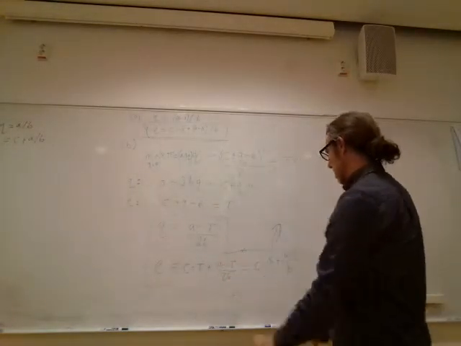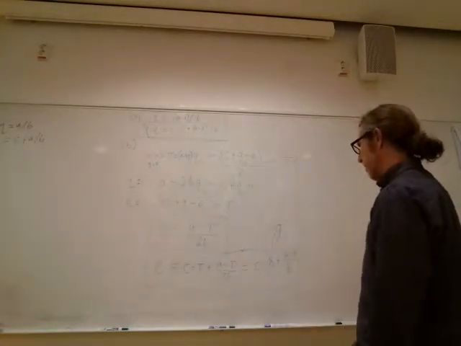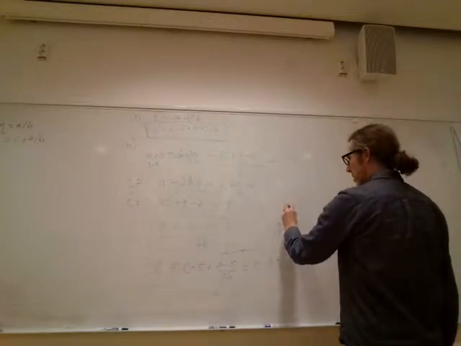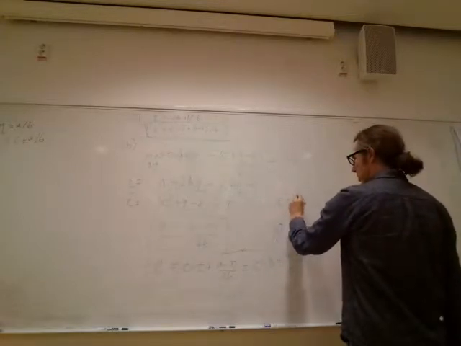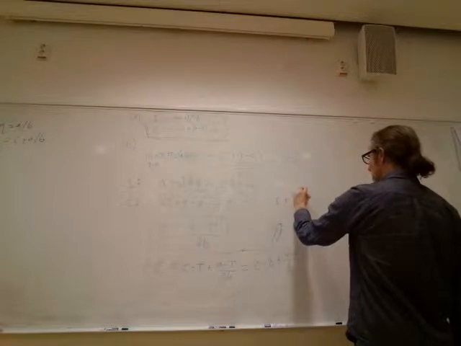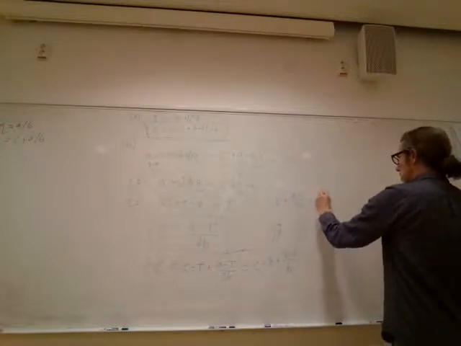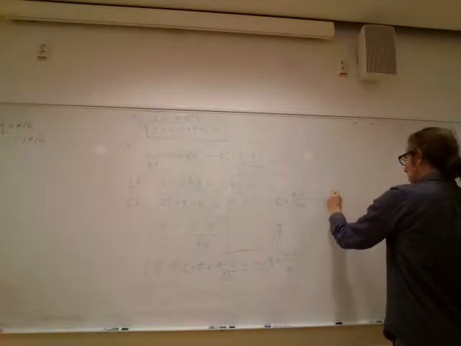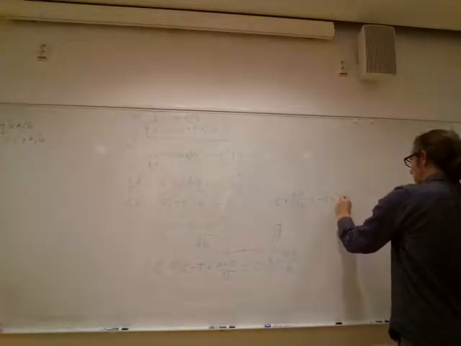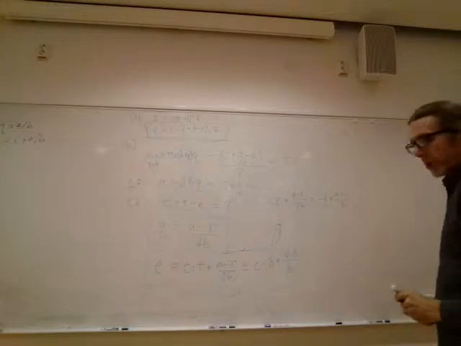And cancel the C's and say that minus tau plus A minus tau over 2B must be equal to minus delta plus A minus delta over B.